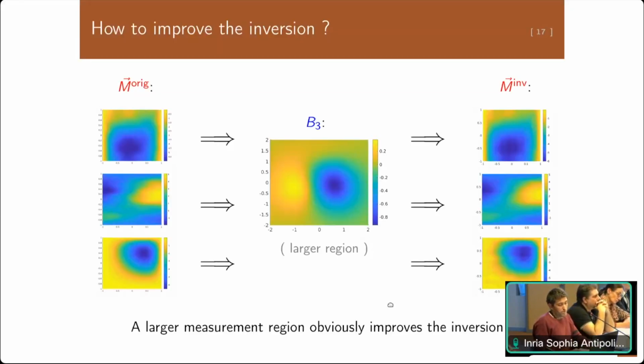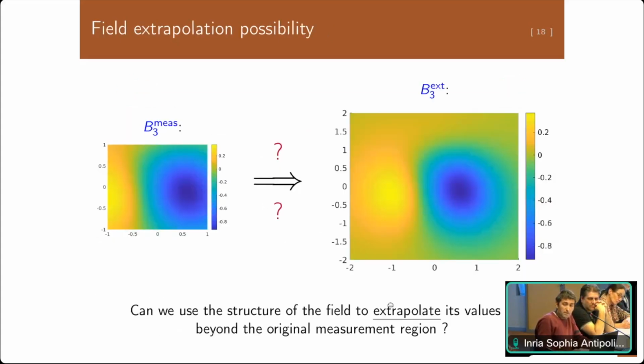And of course, it is obvious that the more data you have, the better result you expect to obtain. Yes, but what if you have more data, more dense measurements, but still over the small region?